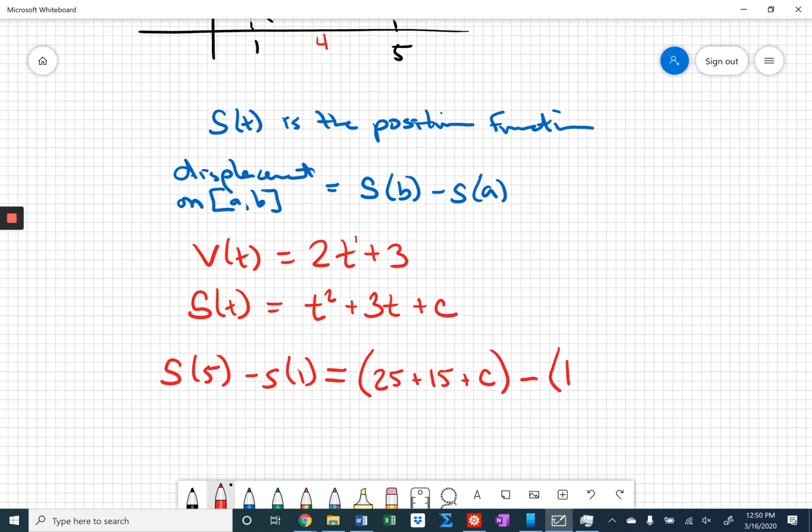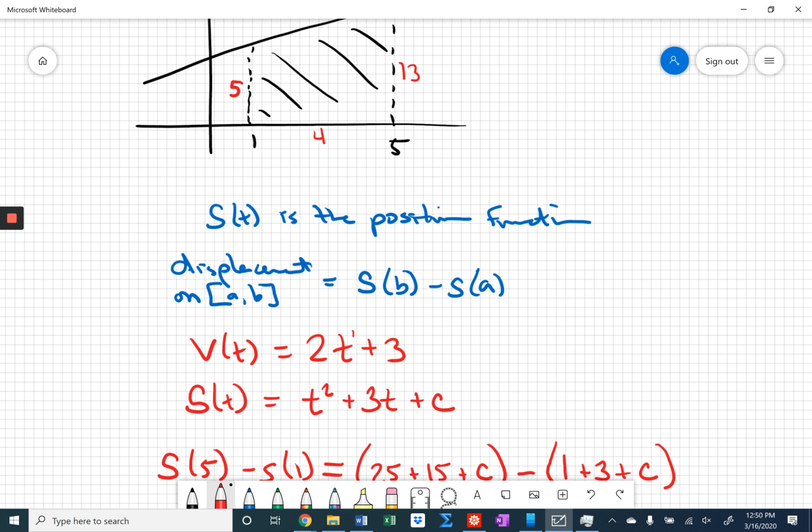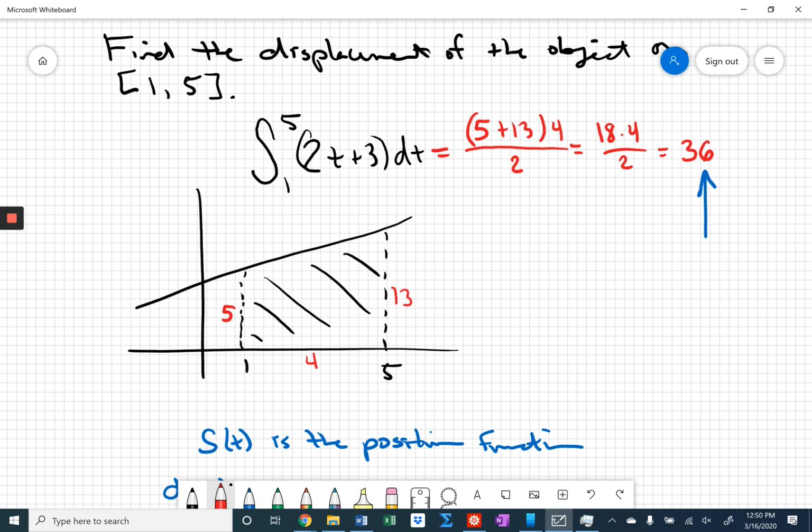Minus, if I plug in 1, I get 1 squared, which is 1, plus 3 times 1, which is 3, plus c. And so what is this? This becomes 40 plus c minus 4 minus c when I distribute the negative, and 36, which is, my screen doesn't want to scroll for me, which is exactly what we found up here.